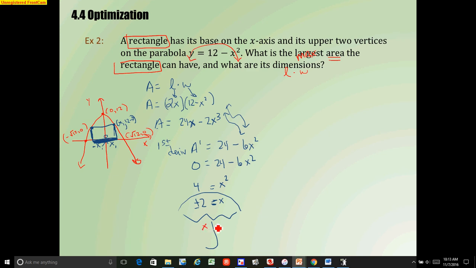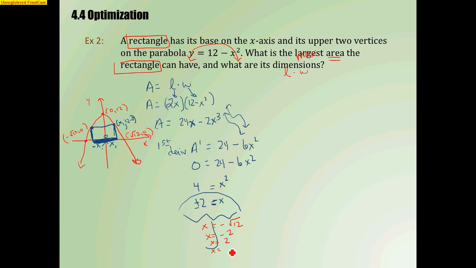So I have x equals -√12, x equals -2, x equals 2, and x equals positive √12. Those are my candidates.